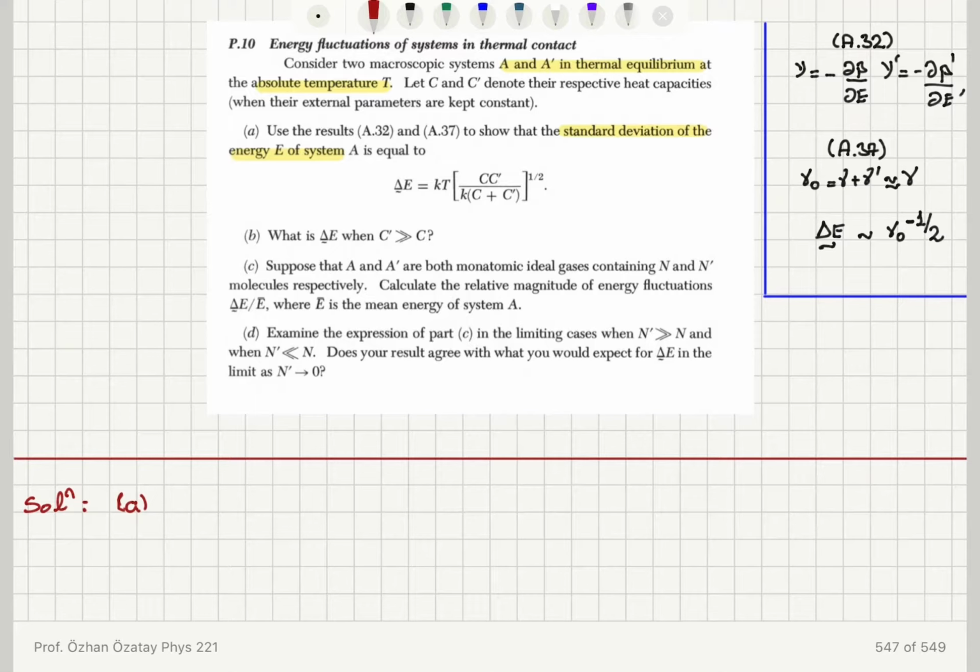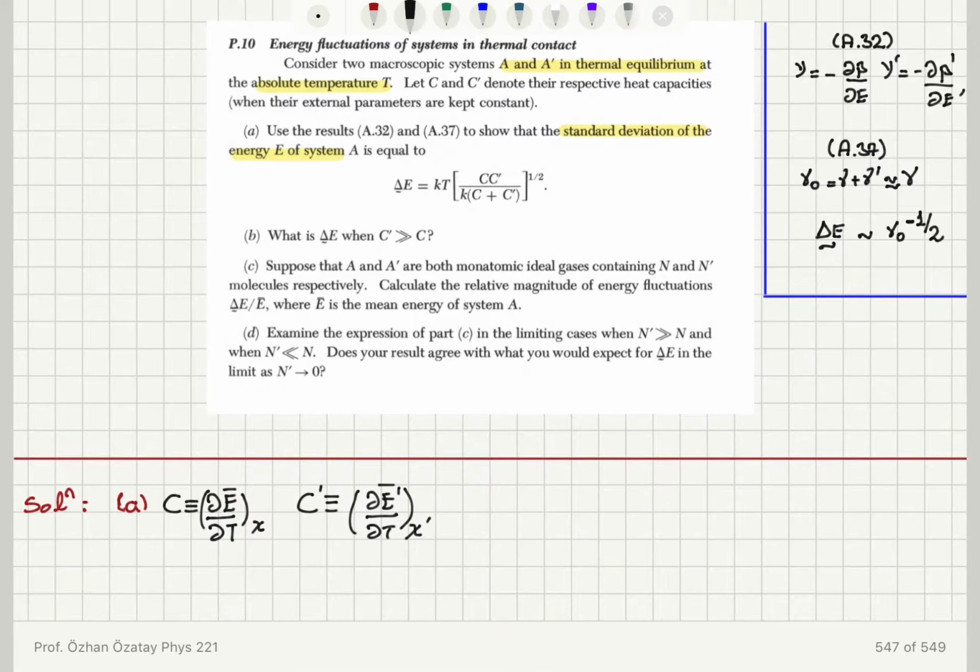Okay, so let me start with the heat capacity. Heat capacity is defined as del E bar del T for system A, when the external parameters of A are kept constant, and the heat capacity of system A prime is del E prime bar del T, where the external parameters of the A prime system are kept constant.